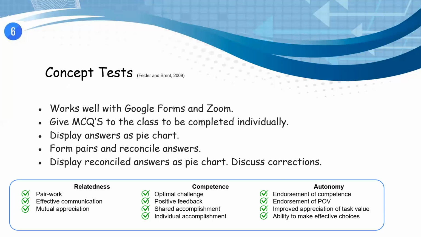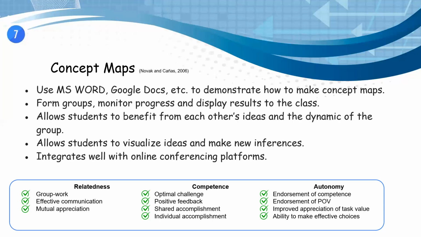Okay, let's move on to another task. Let's take a look at concept maps. Concept maps, otherwise known as mind maps. We've all seen these. Most students will be familiar with these.